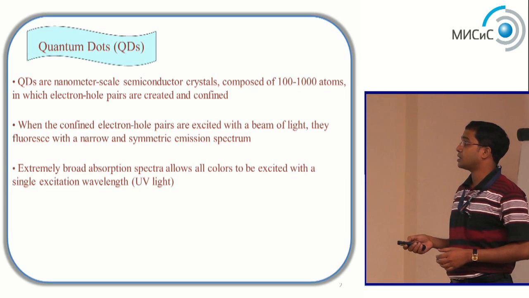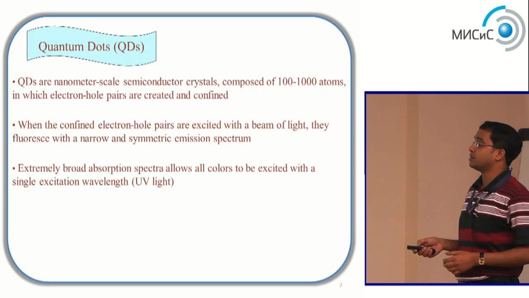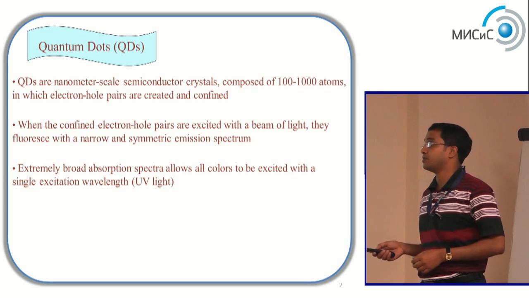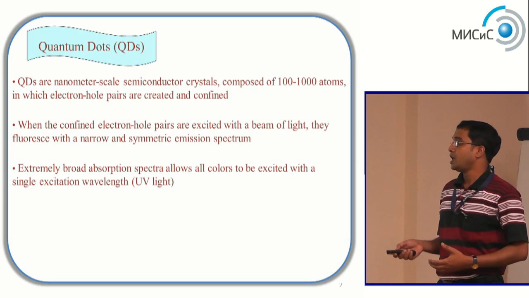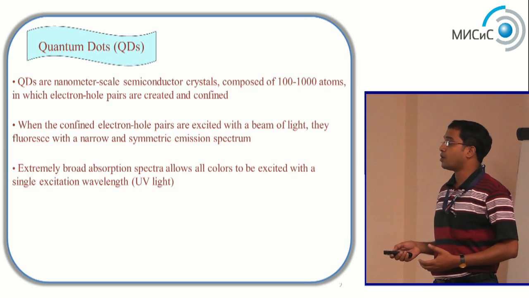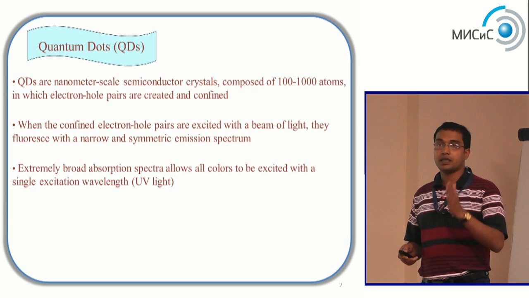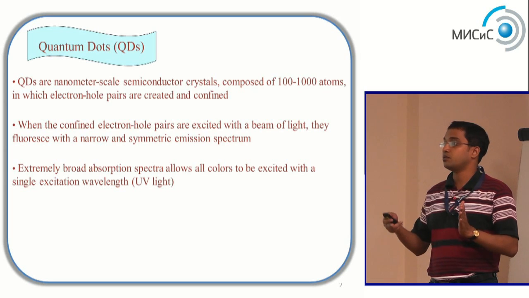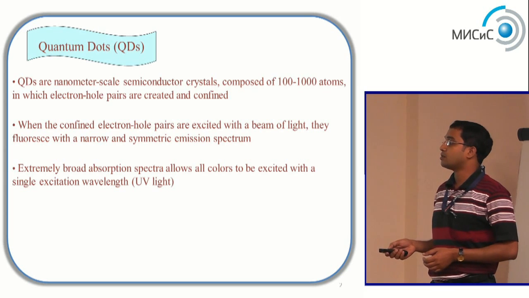When the confined electron-hole pairs are excited with a beam of light, they fluoresce with a narrow and symmetric emission spectrum. This is the main specialty of quantum dots in advanced technology. Also, the extremely broad absorption spectrum covers all colors, from ultraviolet to near infrared to mid infrared, with a single excitation wavelength.